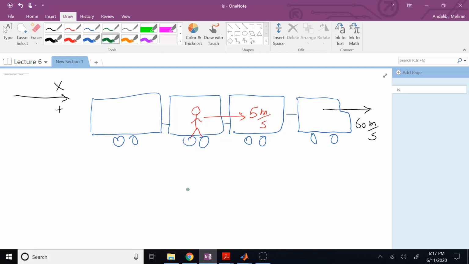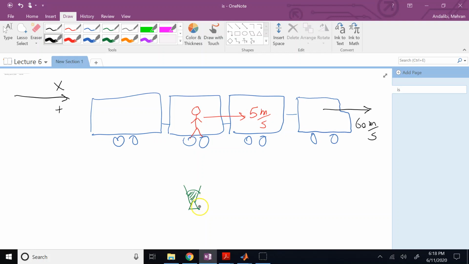So now if I set up a camera here from the ground, I want to know the speed of the person with respect to me. Here I'm going to use some subscripts to show some entities.